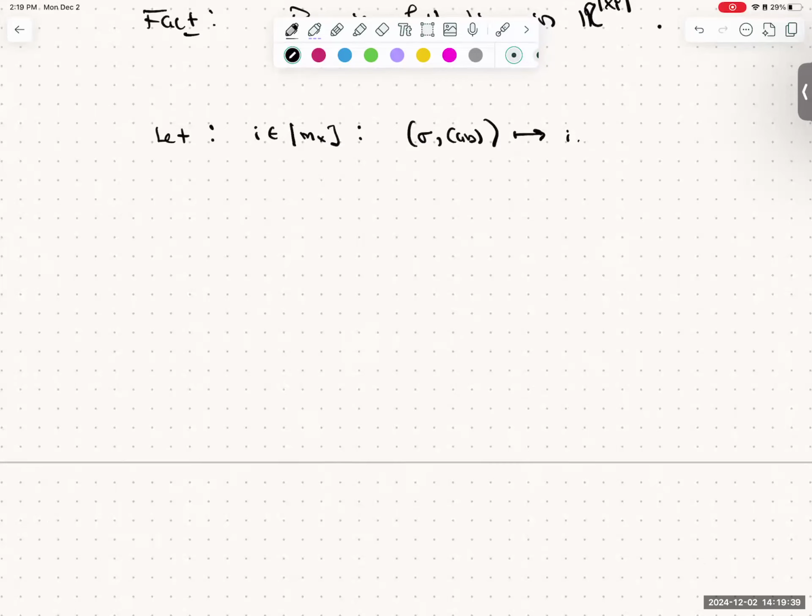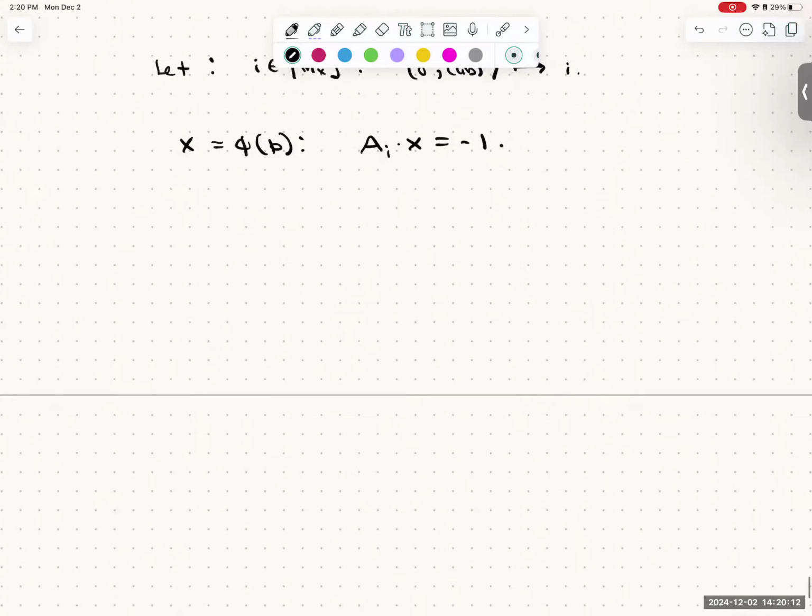So we say that a simplicial distribution is tight at an inequality if the following holds. Let x_p be equal to phi of p, or you can just call it x. Then we say x is tight at an inequality if a_i times x is equal to -1, which means it satisfies the inequality with equality.